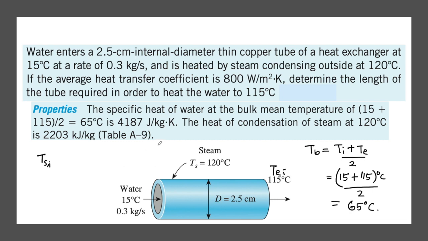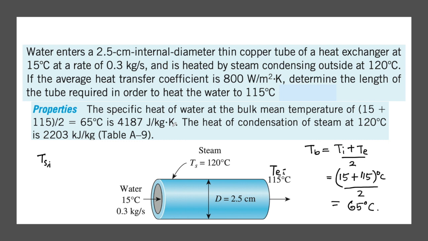But here, why does this question take Tsi as 120 degrees Celsius? We know that the steam condensing outside is at 120 degrees.